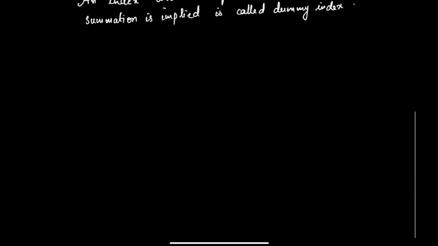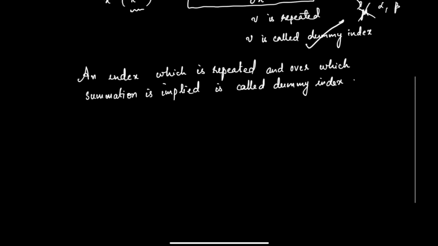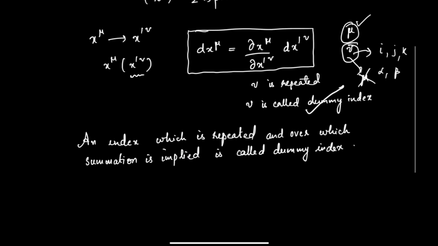Then if an index appears only once in any term, then it has a definite value, a value between 0 and n. For example, in the same expression, you can see that mu is appearing only once on each side. On the left hand side mu is appearing only once, and on the right hand side also mu is appearing only once.